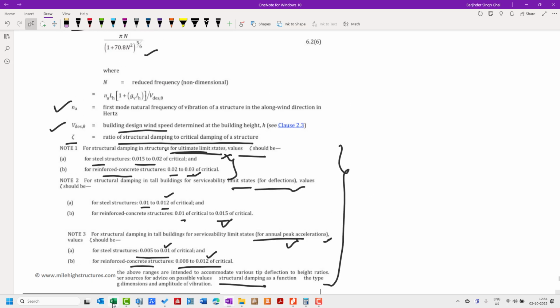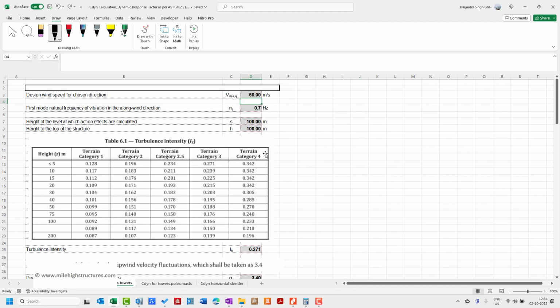Now we shall be calculating the first example, that is the value of the Cdyn for tall buildings and towers. So let us assume the design wind speed. We do know how to calculate the design wind speed, that is V design theta. We have already calculated it many times, so I'm not repeating that calculation here again. So assuming the value of the V design theta here is 60 meters per second, the first mode natural frequency of vibration in the along wind direction we can assume as 0.7 hertz.